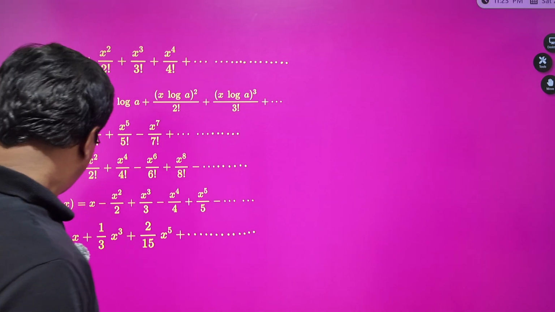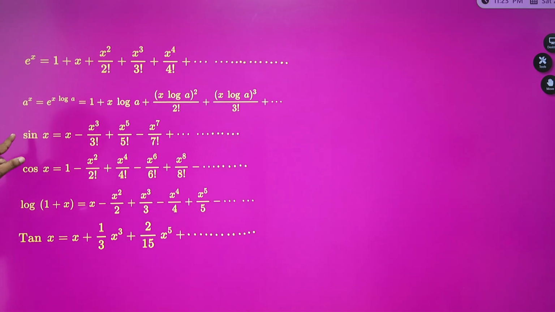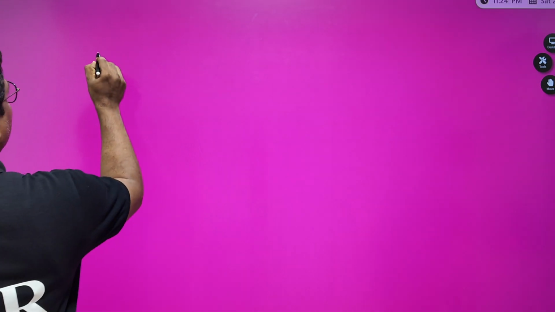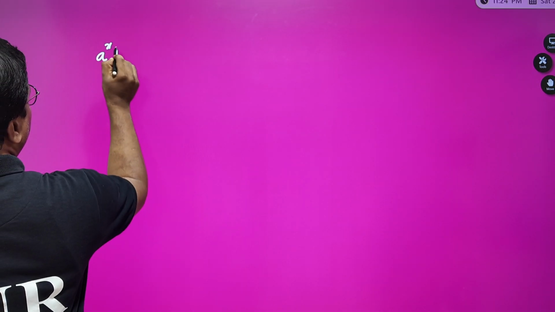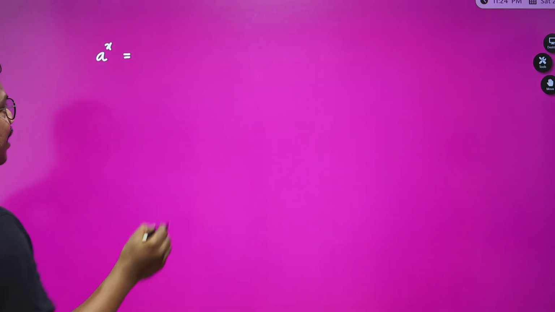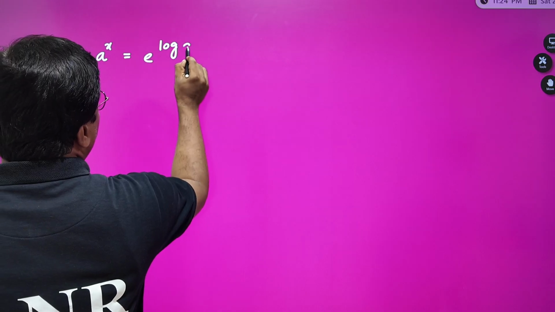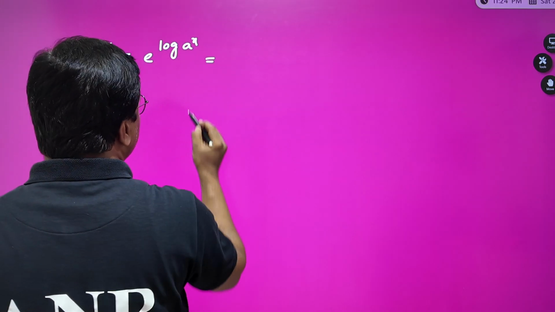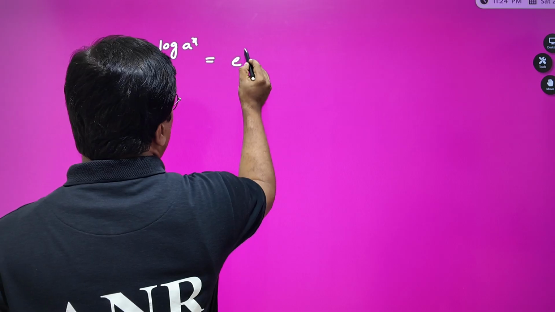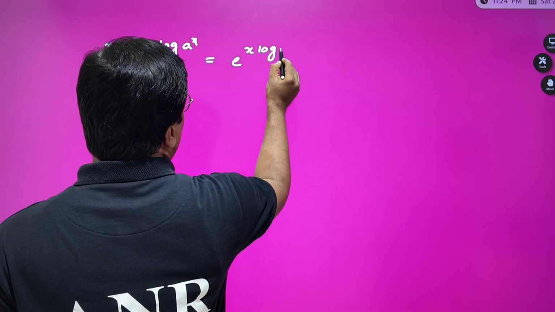In the same way, let us discuss the expansion of a power x, and then we go for sin x. A power x can be written as e power log of a power x, that is equal to e power x into log a.